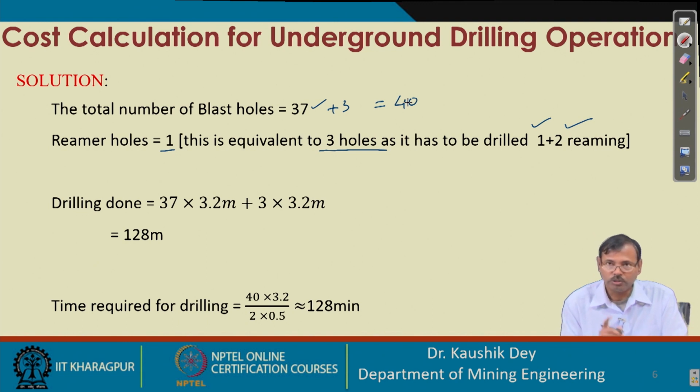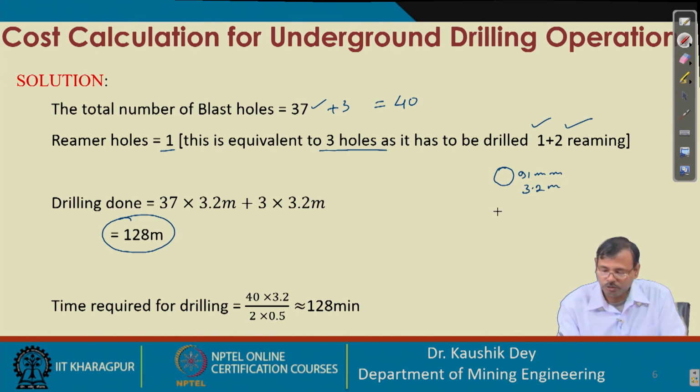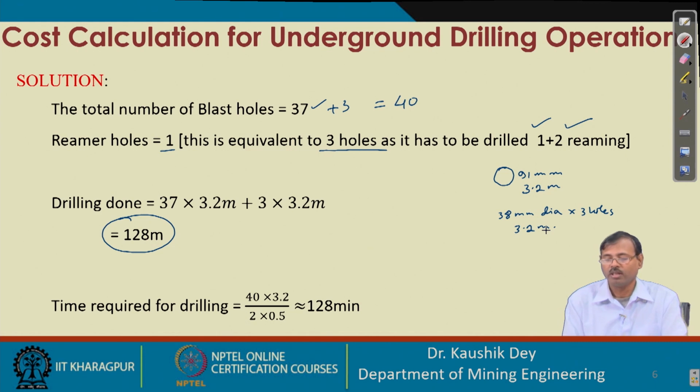The total drilling plus reaming is carried out for 120 meters. Though you are carrying out a reaming hole of 91 mm dia and 3.2 meter long, this is considered equivalent to 3 holes of 38 mm dia, that is 3.2 meter drilling each. Those are the considerations made here.